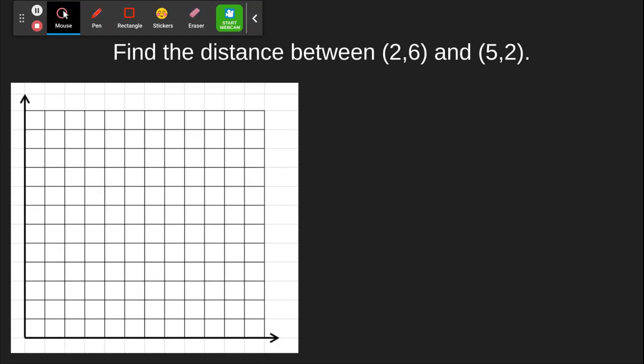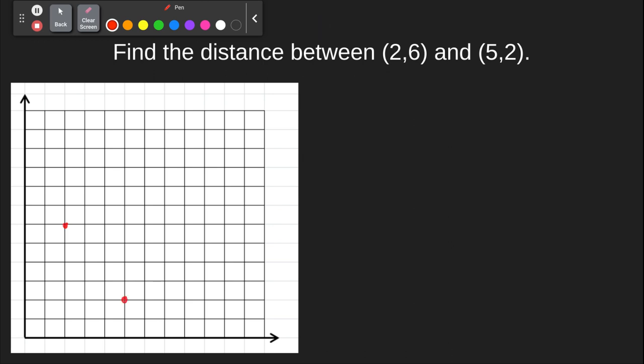Okay, now we are going to work with a distance problem, and you might be wondering why we're doing distance in a conversation about Pythagorean's theorem, but you're going to find out that it is essentially the same thing. So we're going to look at the distance between the points (2, 6) and the point (5, 2).